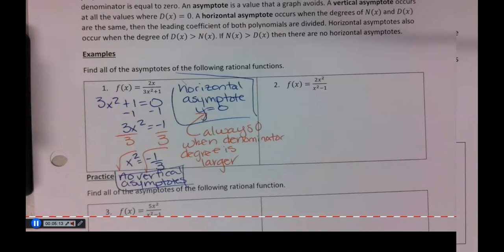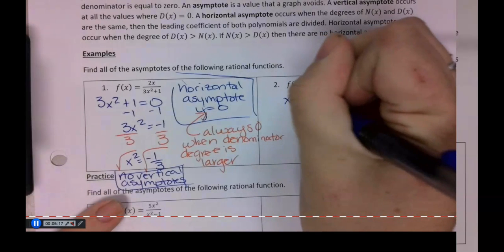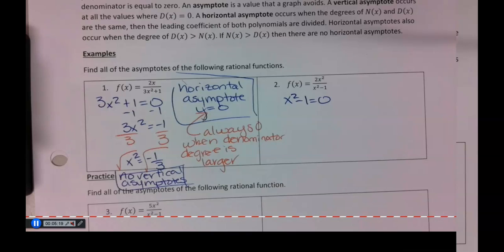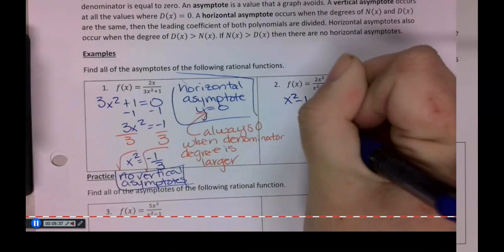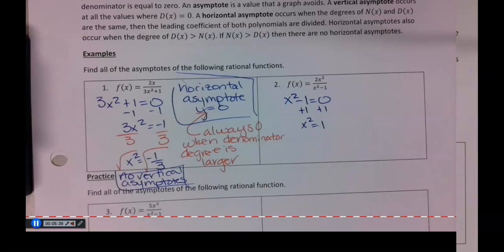So then, same thing for number 2. I want to start off by taking my denominator and setting it equal to 0. Then I want to add 1 to both sides. Then I get x squared equals 1.